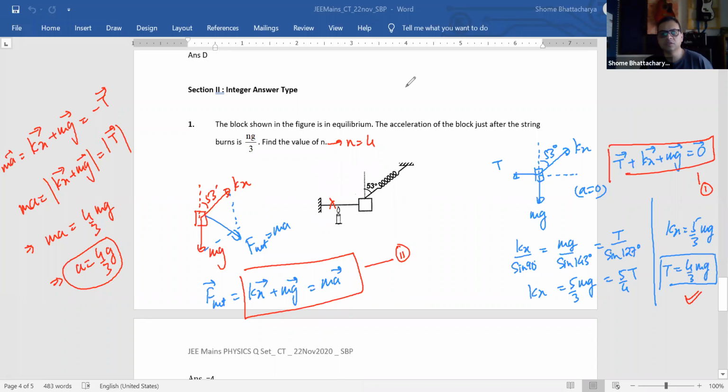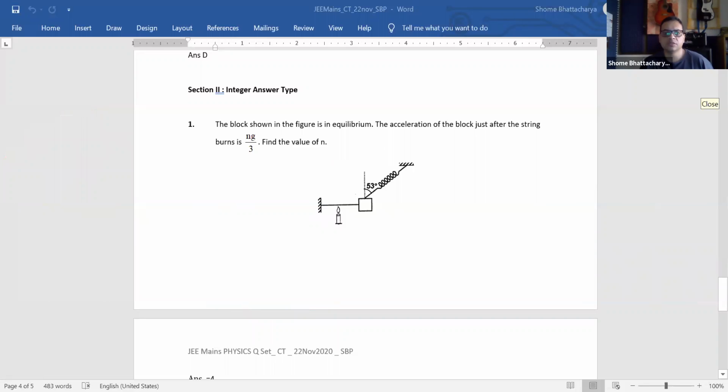Okay, so Dhruv, is this clear? Yes, you can also do that, Samarth. You can break the spring force into components, or you can also use the triangle law. So you saw that this kx was equal to 5 by 3 mg, and this is mg, and you can see the angle between them.